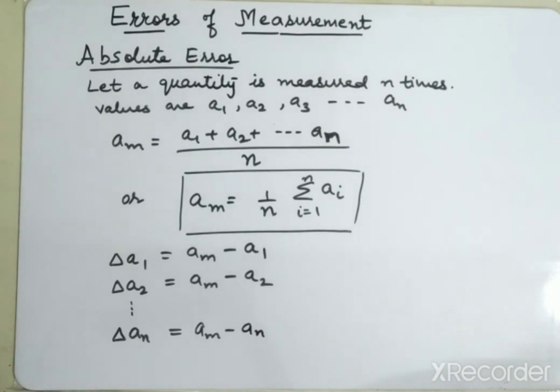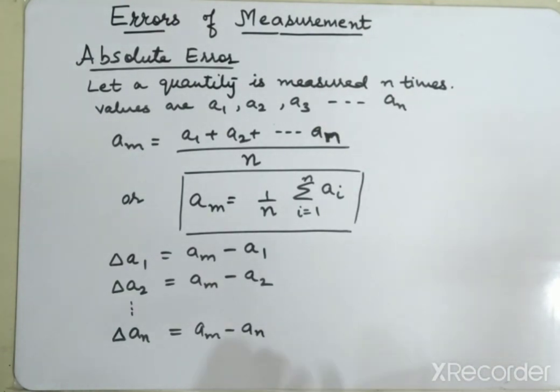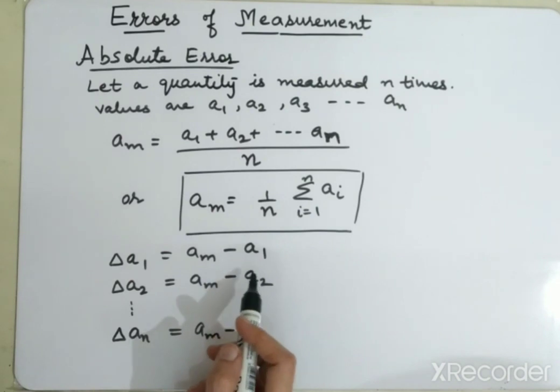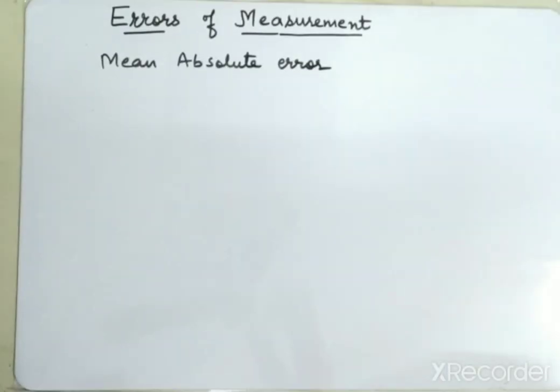The absolute errors may be positive in certain cases and negative in certain other cases. This is because the observed values are likely to overestimate or underestimate the true value of the quantity. So that is how we calculate the absolute error, that is the difference in the magnitude of the true value and the individual value.